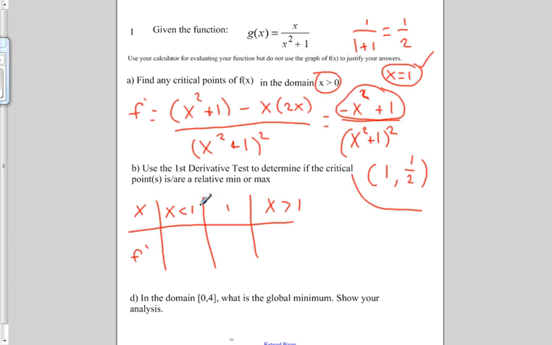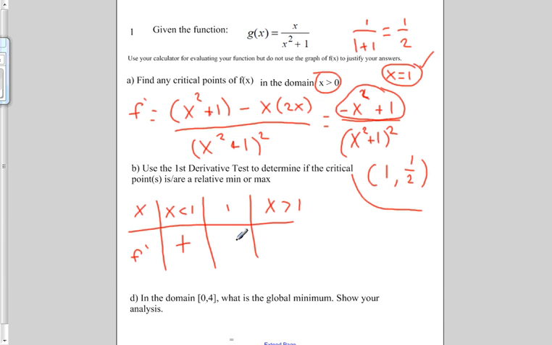So when x is less than 1, the denominator is always going to be positive. When x is less than 1, that's going to make this negative number less than the positive number. Like, for example, if you put 0.5 in, this would be negative 0.25. The whole thing would be 0.75, which is positive. So for x less than 1, it's a positive value.